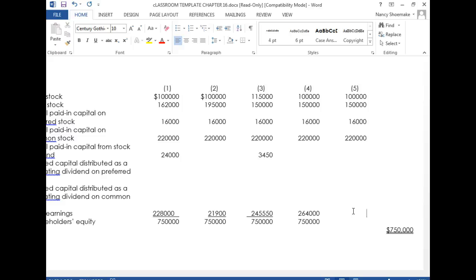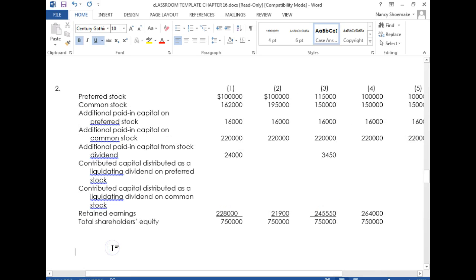We started the period with how many dollars in retained earnings? 264,000, and then we subtracted 54,000, and we added to that the $6,000 gain.